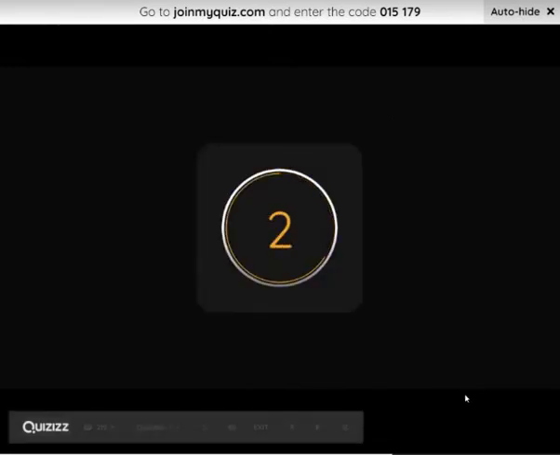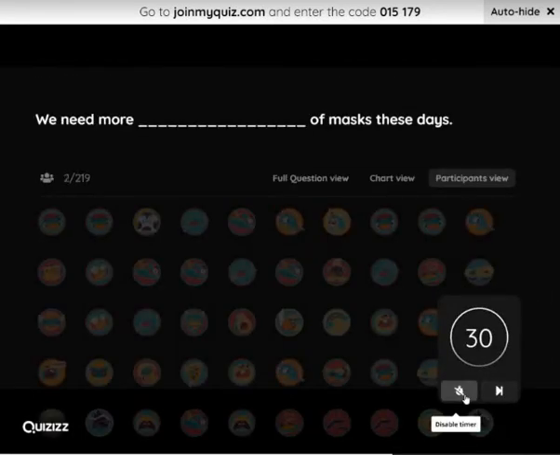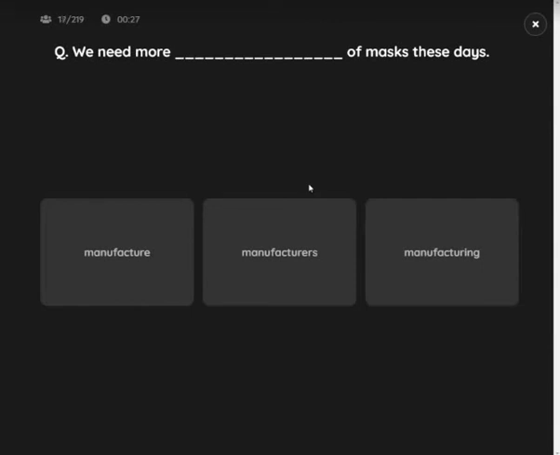Next question. We need more manufacture, manufacturers, manufacture of masks, these. 3, 2, 1, and 0.